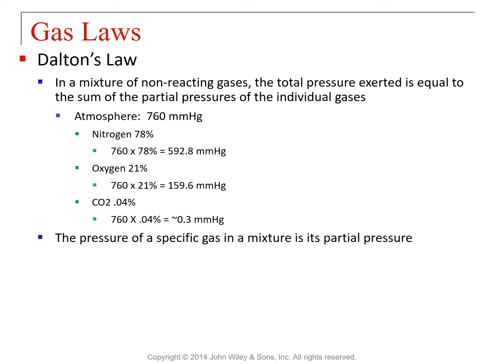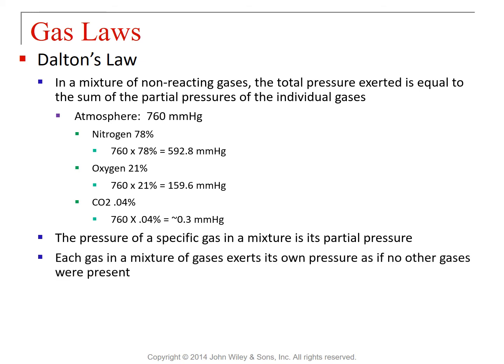Now, the pressure of a specific gas in a mixture is its partial pressure. So in the atmosphere, 159.6 or 160 would be the partial pressure of oxygen. Each gas in a mixture of gases exerts its own pressure as if no other gases were present.